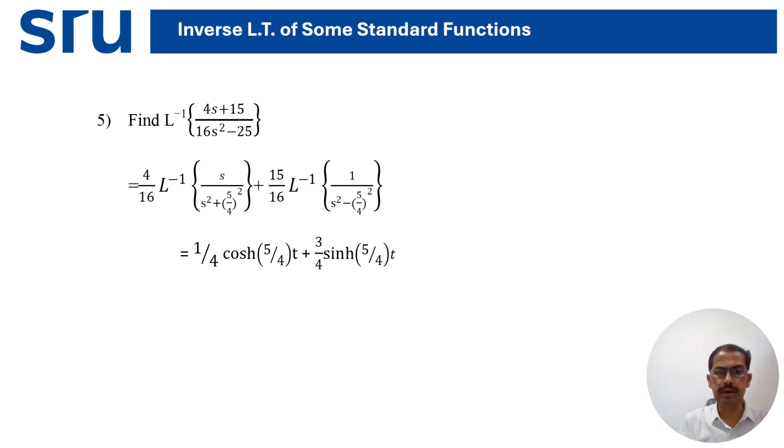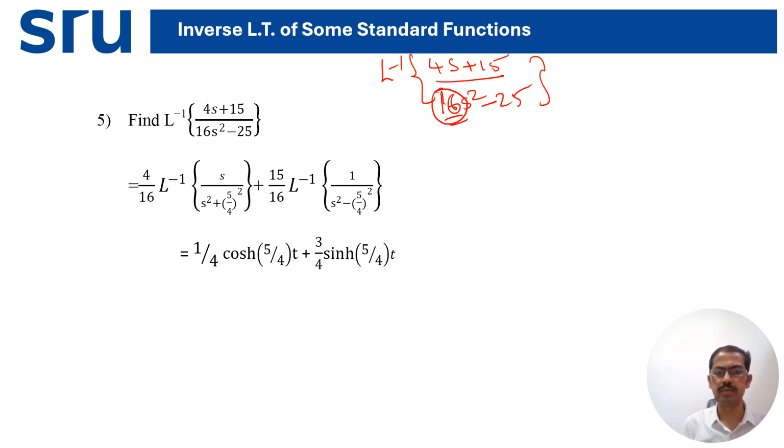Now find the inverse Laplace transform of (4s plus 15) by (16s square minus 25). First of all, you must make the s square coefficient 1, so for that, take out 16 from the denominator.